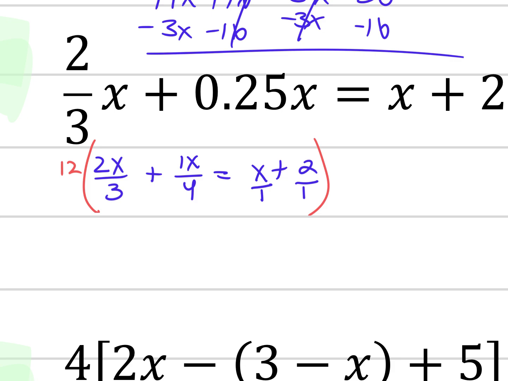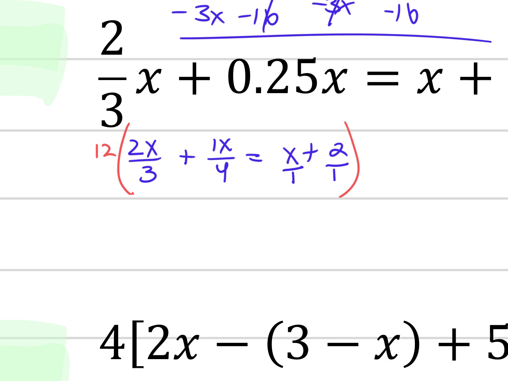So think about this. When I distribute the 12 to that first fraction, it's 12 times 2, which is what? 24x over 3. What does that simplify to? 8x. If you want to just say 12 divided by 3 is 4 and times by 2, you can do that. I'm just trying to mathematically show you guys.